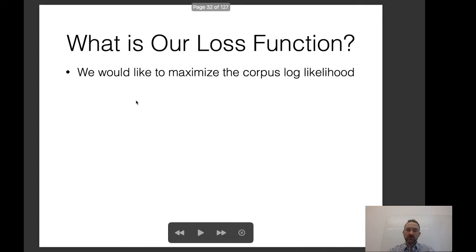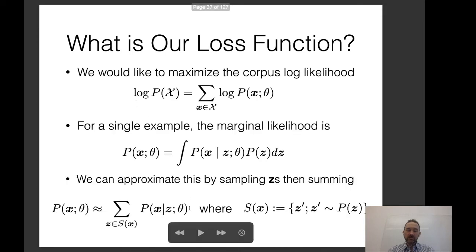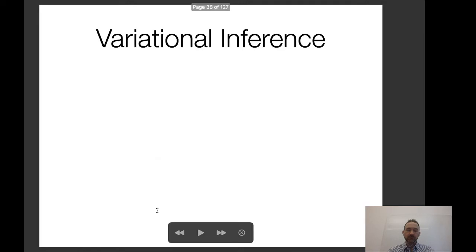So these samples would essentially give us no probability whatsoever, or a very low probability. So what we'd like to do is a more intelligent way of sampling latent variables that allows us to raise the probability that the latent variables we look at actually give us a high conditional probability of the output.